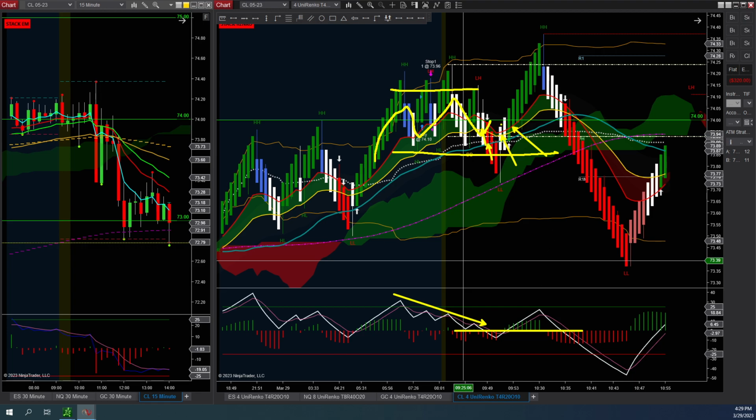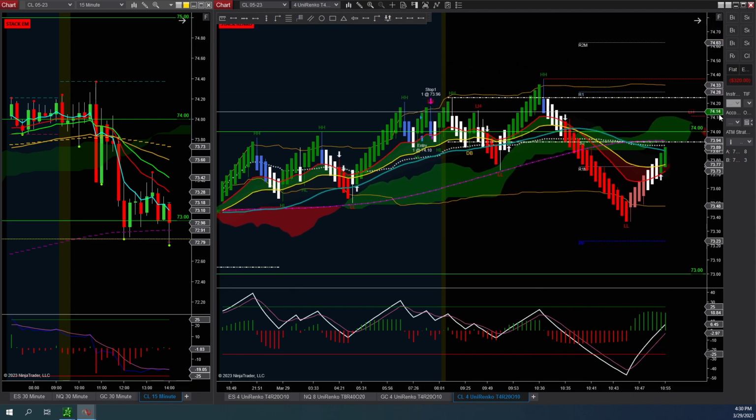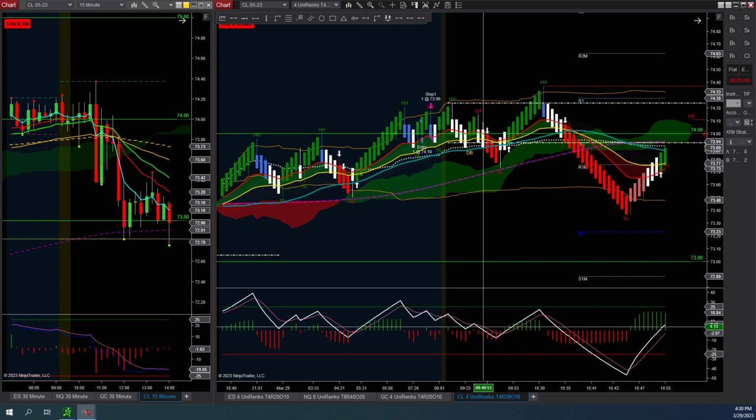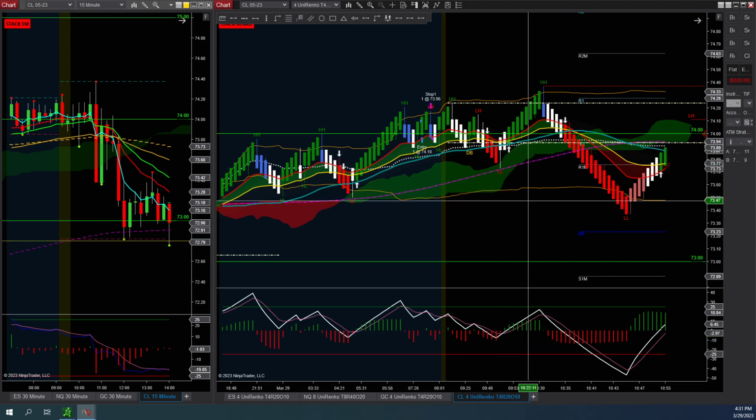This one, if you had taken it, was a good trade to the upside right there, and that one was actually a target met. I did not take it. The reason was that the slow and fast lines on this indicator were below the zero line, so I did not take it.